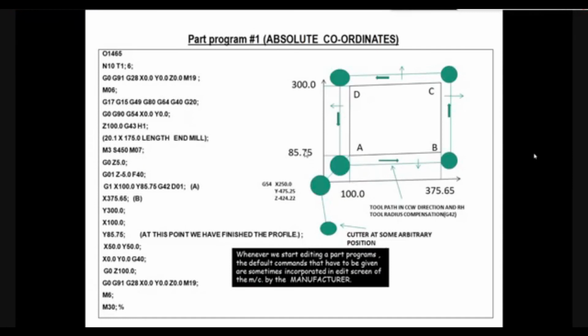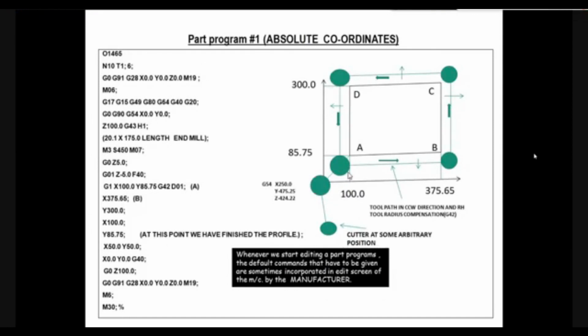So it will stop here, and X100 Y85.75 is at the end of the line. I have given A in between brackets. That means I just wanted to show you that this line results in the travel of the cutter from origin to A.